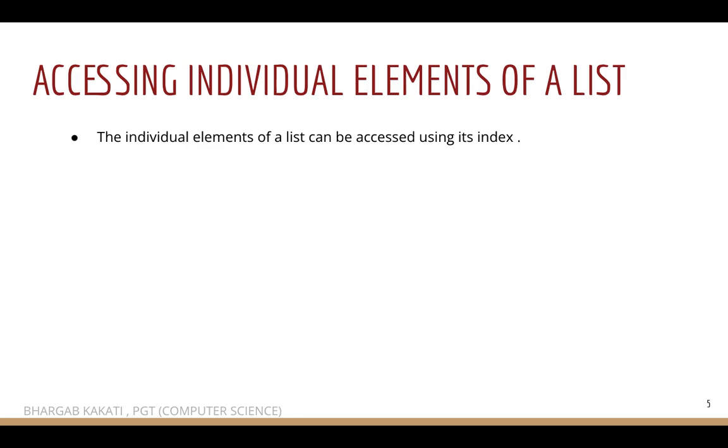Now if you want to access the elements one by one or one particular element from the entire list, that facility is available. Now how do we access? We access it using its index. For that, a syntax is there. The syntax is, we need to specify the list name and then within the square brackets we need to specify the index. Let's try to understand with the help of an example.